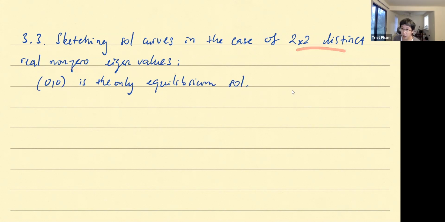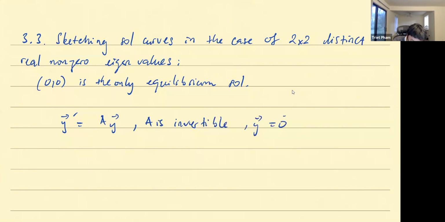So for y prime equals Ay, the matrix A is invertible under this assumption. So Ay equal to 0 means y equal to 0 is the only solution. That's why 0 is the only equilibrium solution.